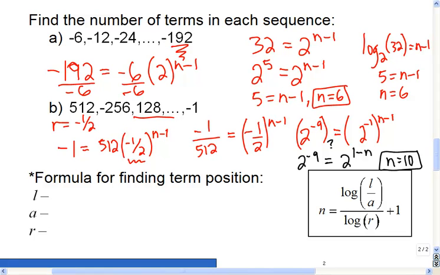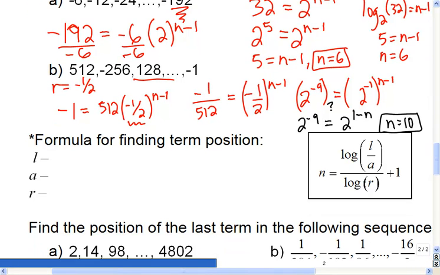Okay, so this is a common enough task that people do. So there is a slight formula to this if you want to work with logs. I'm going to show you how it comes about in the last example. So let's see here. In the last example, if I was to solve it with logs, then this is the equation that I need to use logs for.